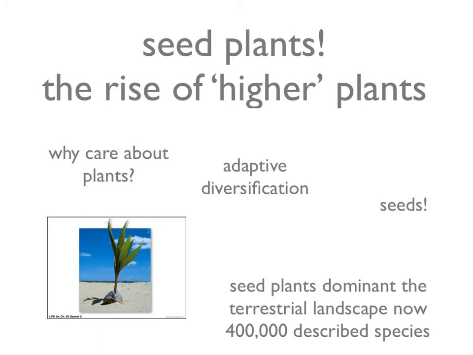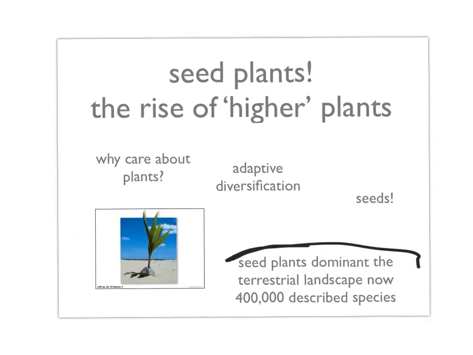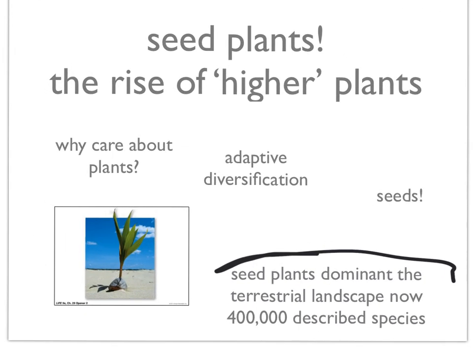Seed plants, the rise of higher plants. These are the ones that dominate the terrestrial landscape. And there's over like 400,000 species. Just tremendous amounts.